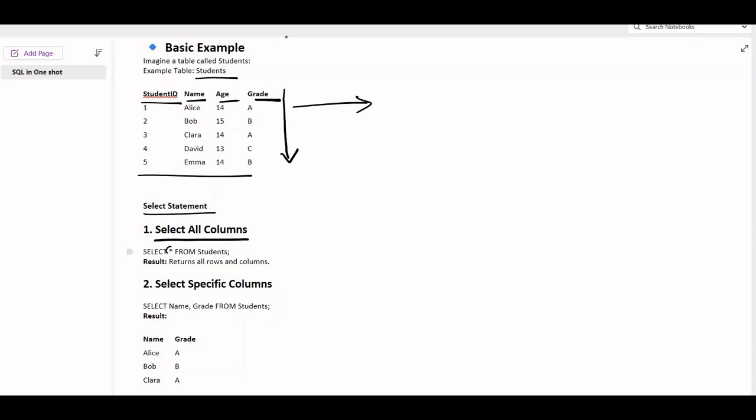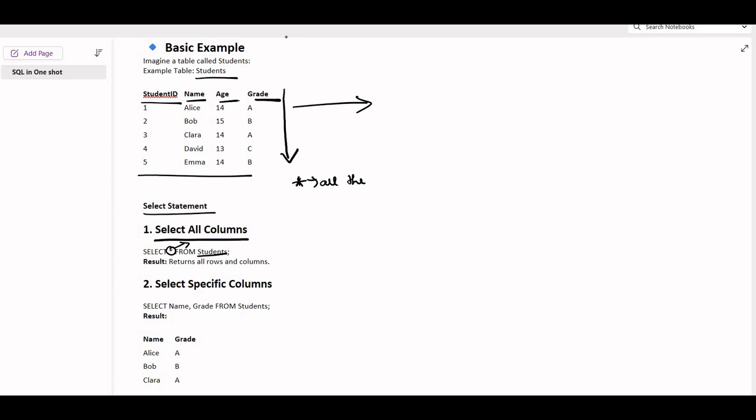The star returns all the rows and all the columns. SELECT * FROM table name, which here is students. The output will be this table.